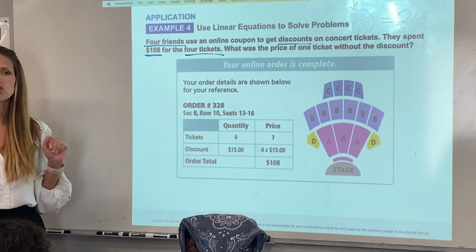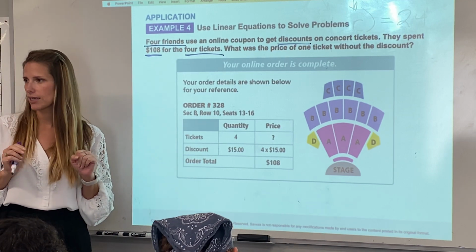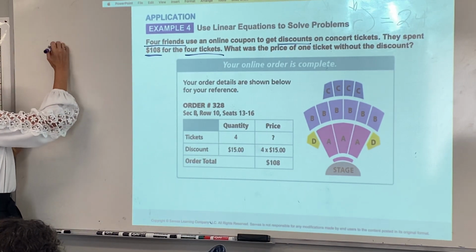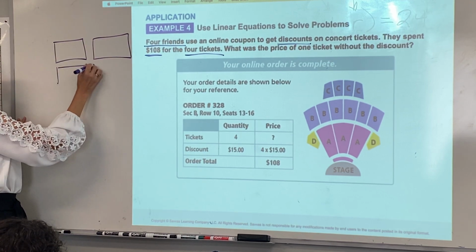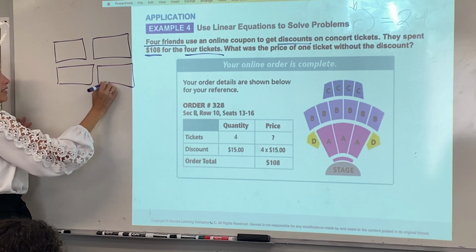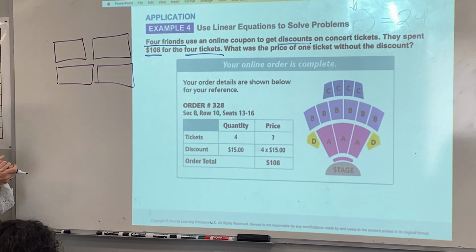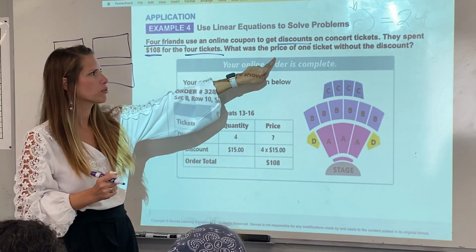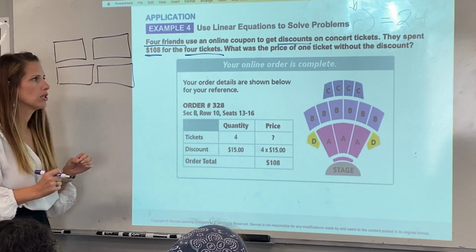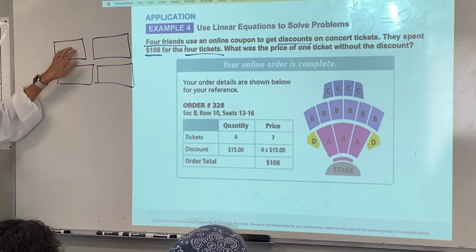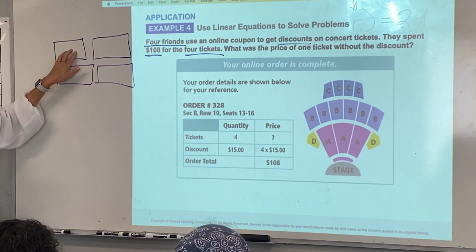The first thing I'm going to do is draw it, because I want to see what these tickets look like, okay? I like that it's only 4 tickets. Then I only have to draw 4 rectangles. Here are my tickets. Now, the question says, what was the price of a ticket, just one of them, without the discount? So these tickets had a discount, okay?